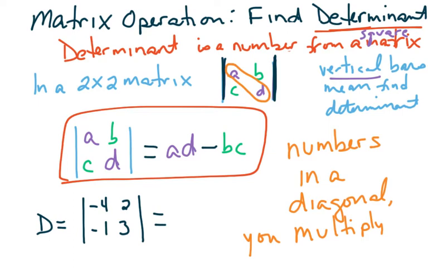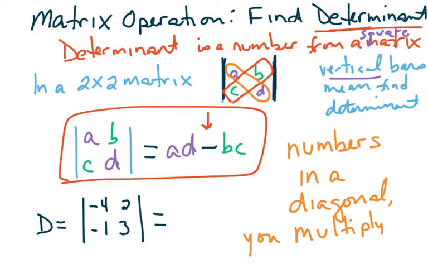Because those are also in a diagonal, we multiply them. But because those are going the opposite direction, we're then going to subtract those two products. And that's all we have to do to find the determinant. So in this problem here, it's asking for the determinant. We'd like to call it D, capital letters.